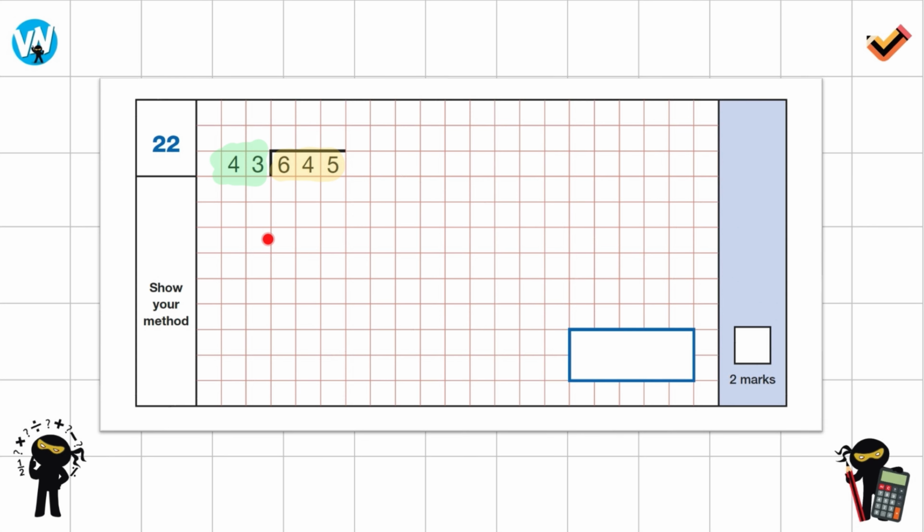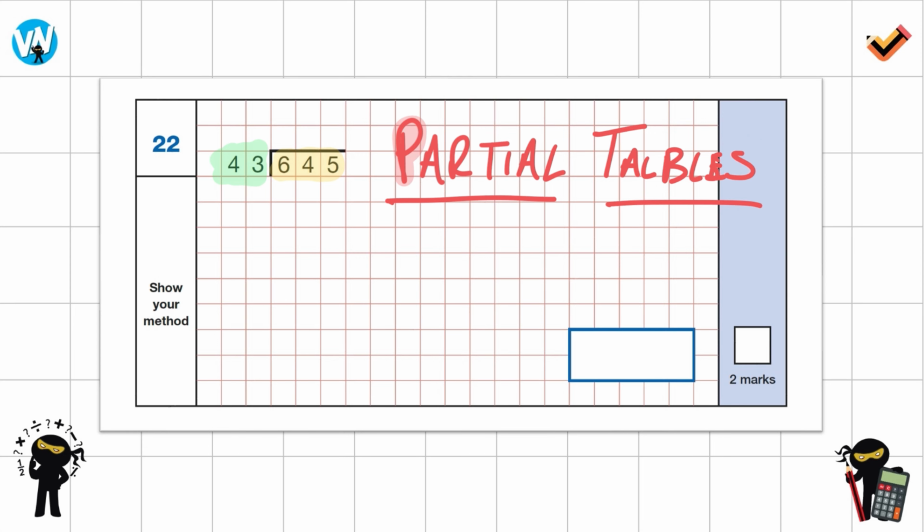Now, the strategy that we're going to be using today is something called partial tables. Now, all partial means is part of. What normally lets children down in long division or any sort of division is knowing their times table facts.